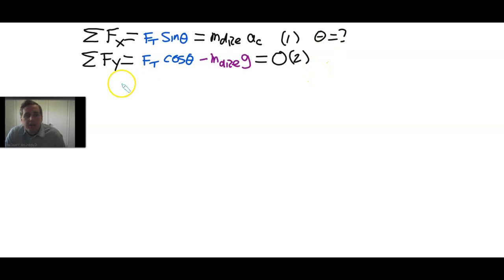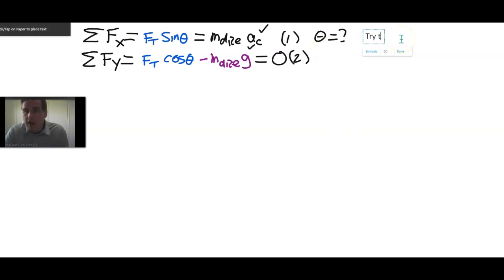Now, consider that Ft is unknown, and the mass of the dice is also unknown. We do know the acceleration, and we do know g. So first of all, let's see if we can replace Ft, because we're not interested in the tension force, and we're not asked about it, and it's in both equations.